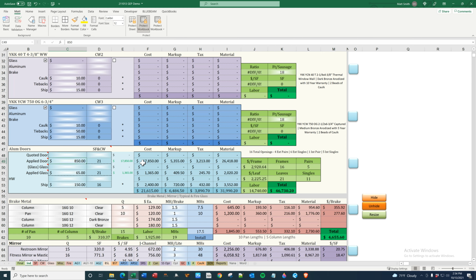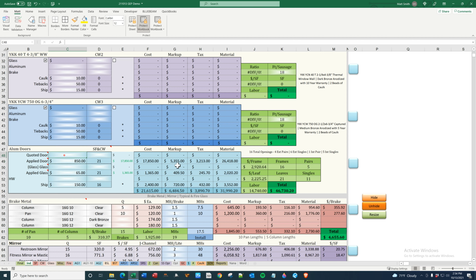So the idea of applied door is to take your plug number of price per square foot if you are doing a simple job, or if you're doing one where the architect hasn't produced a hardware schedule or anything like that. You're just doing a budget, or you're just doing a standard manufacturer's door. That's how you do it.